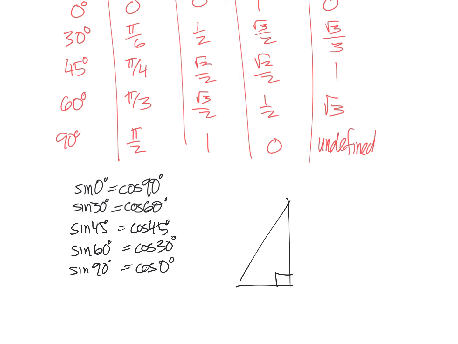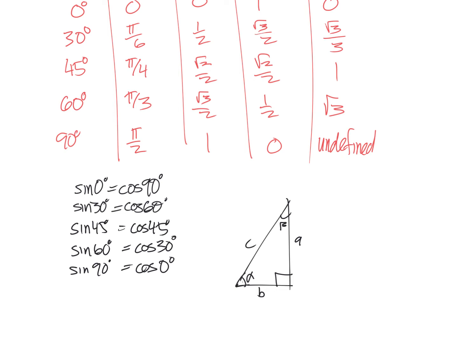That means that the other two angles, let's call them, our base angle will be alpha, and then the angle on top would be beta, and let's say the opposite side is A, the adjacent side is B, and our hypotenuse is C. This is all if we're looking at alpha.